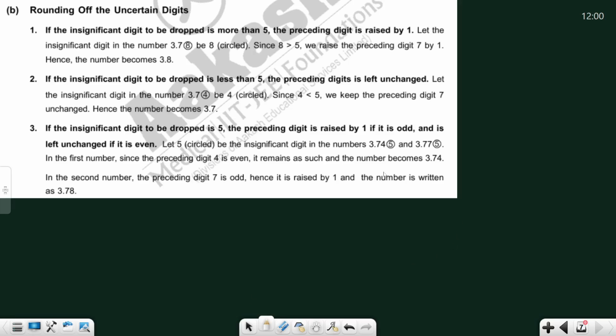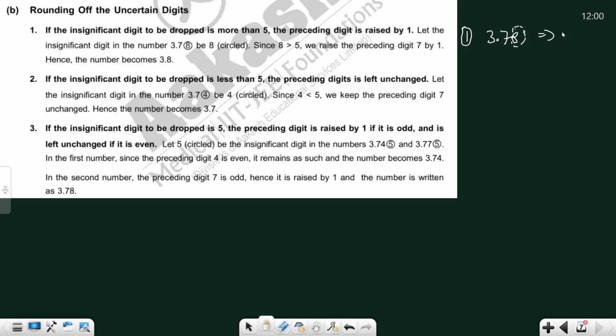First rule is, if the insignificant digit to be dropped is more than 5, then the preceding digit is raised by 1. Example, if you are having 3.78, so 8 is greater than 5. So what will you do?